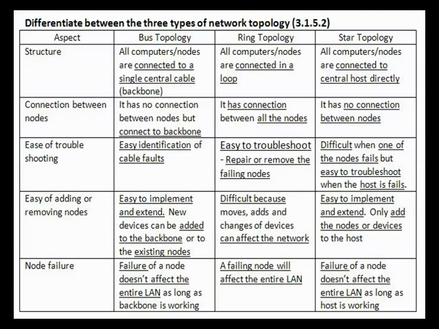Next is the difference between bus topology, ring topology, and star topology. First one is structure. In bus topology, all computer nodes are connected to a single central cable backbone. In ring topology, all the computer nodes are connected in a loop.